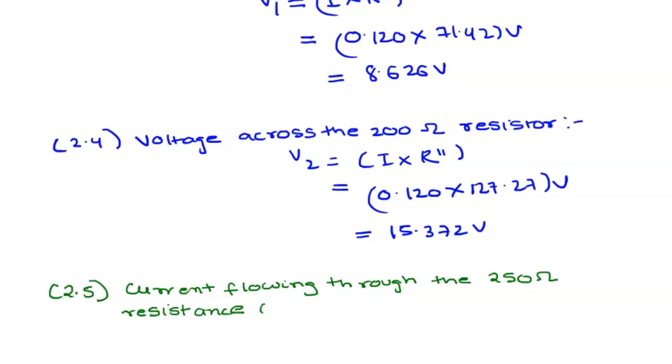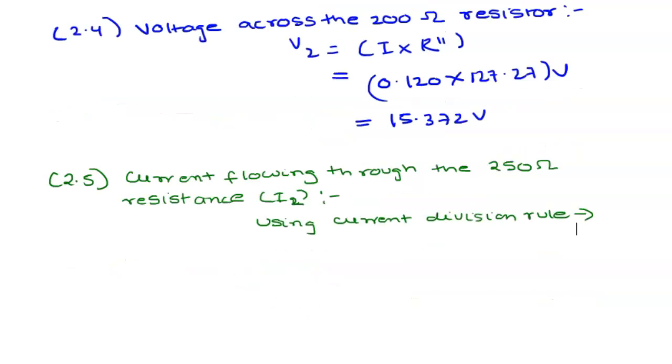If we assume that this current is I2, as we showed in the diagram above, then using the current division rule, I2 would simply be equal to I multiplied by 100 divided by 250 plus 100.